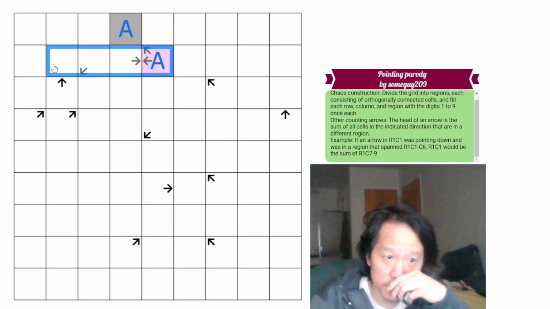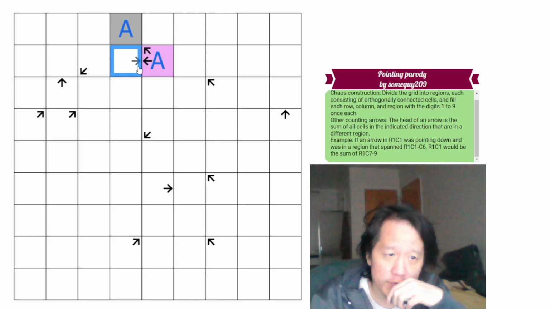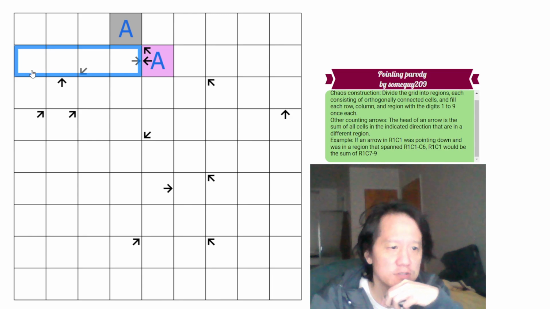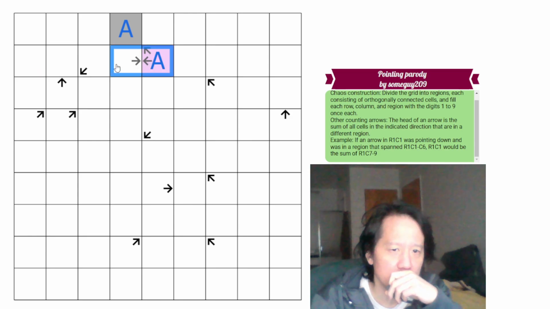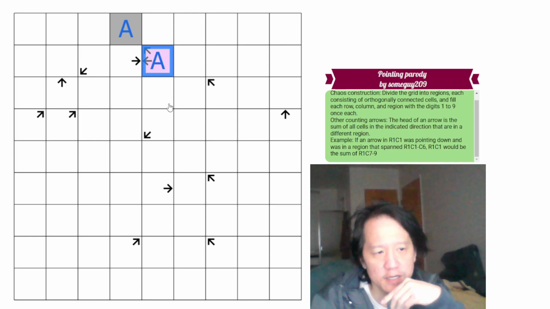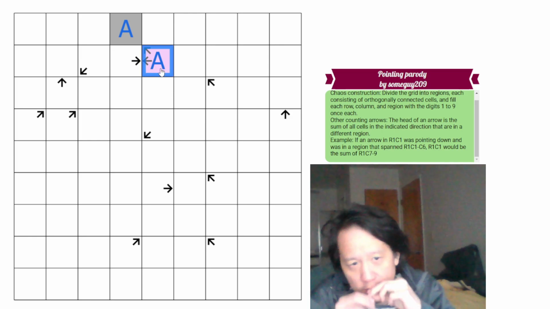It's also the same here. Obviously, it can't be all four of these. So therefore, at least one part has to be the same region as the pink, right?